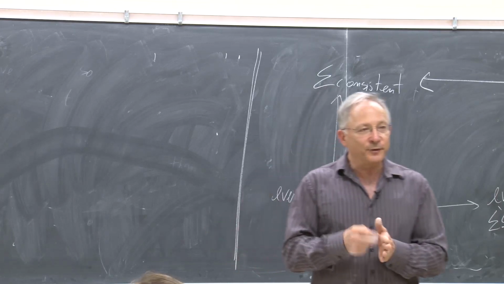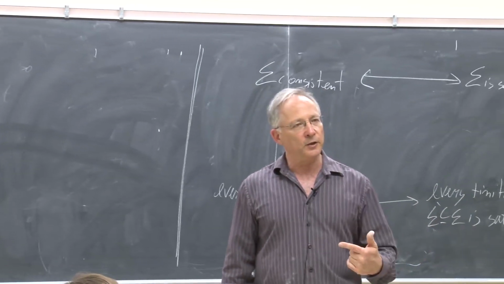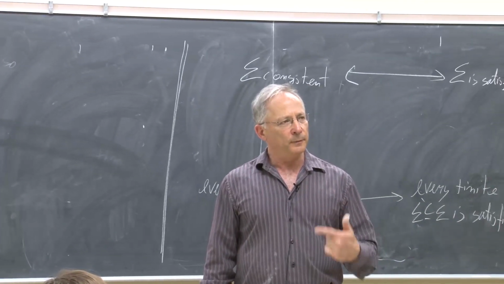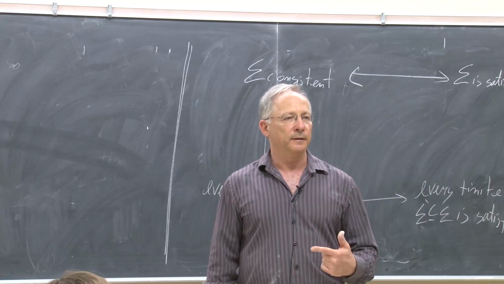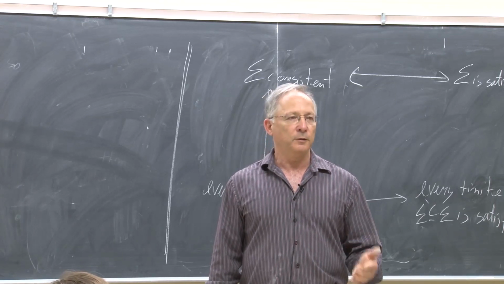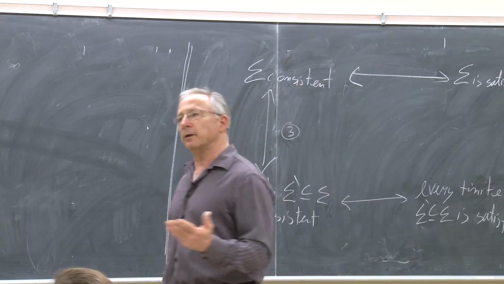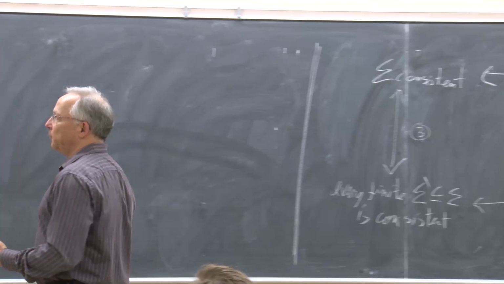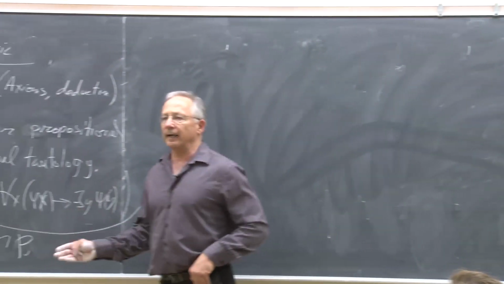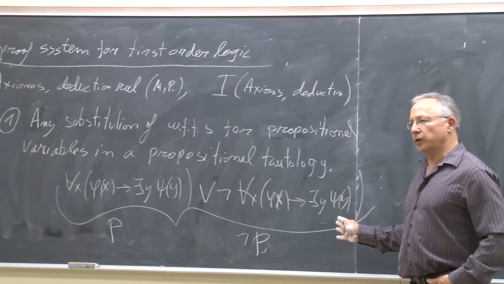Finite is a manifestation of a more basic requirement, and the basic requirement was checkable. That you can check what is a proof and what is not a proof. In order to be able to check that, you must be able to check what is an axiom and what is not an axiom. And here it is not difficult to check.